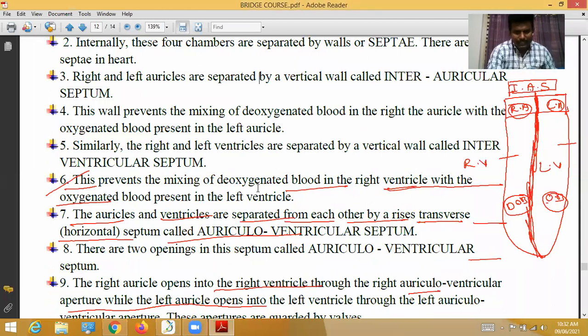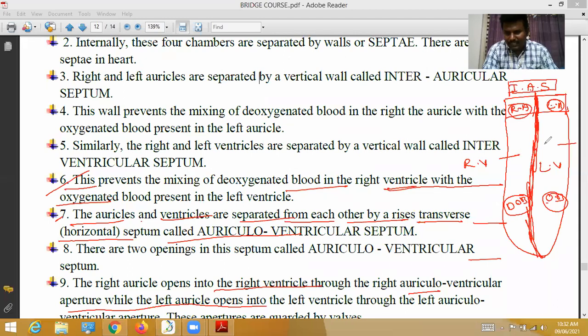Next, come to the next point. The auricles and ventricles are separated from each other by a transverse septum.